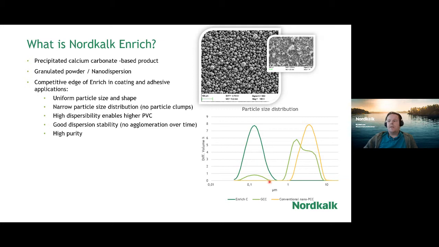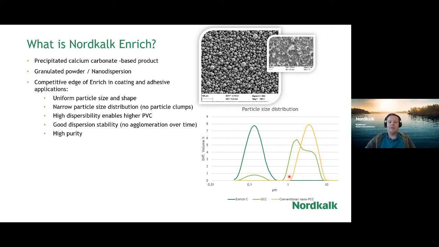If we compare here this light green, which is GCC, so ground calcium carbonate, so typical microfiller, it has quite wide particle size distribution from, let's say, 1 to 10 micrometers. This is now D50 2 micrometers ground calcium carbonate.